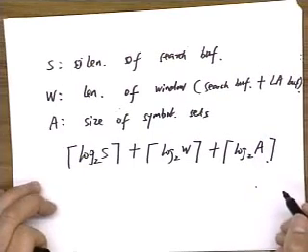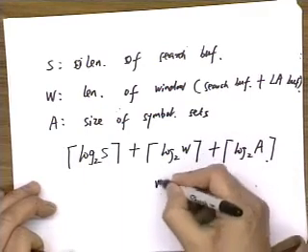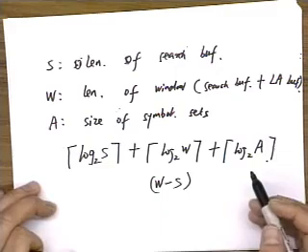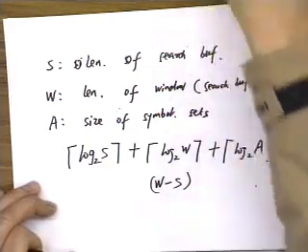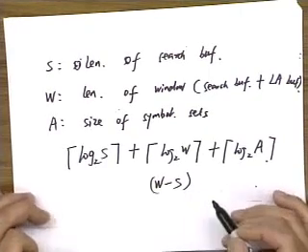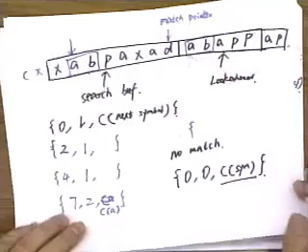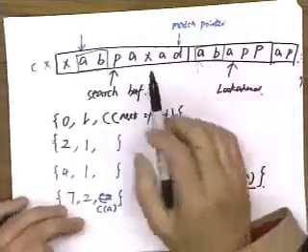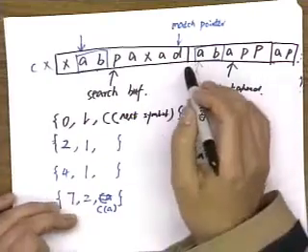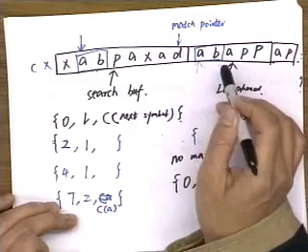You may find it strange again why we need W. Why can't we just use W minus S instead, in order to reduce the number of bits we transmit? Because W minus S is the size of the look-ahead buffer. People use W instead of W minus S because they want to cover another case: sometimes the match begins at the search buffer, but it can end in the look-ahead buffer.